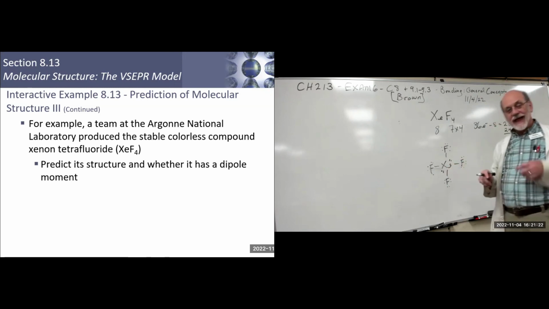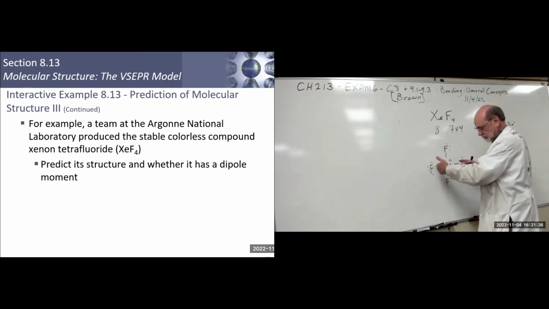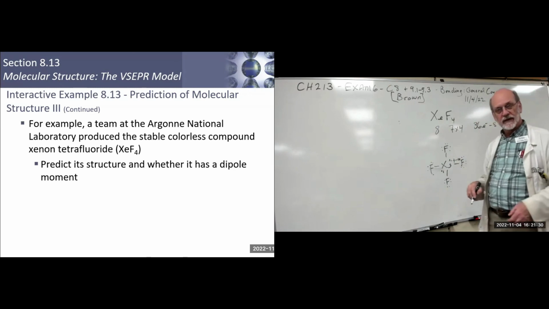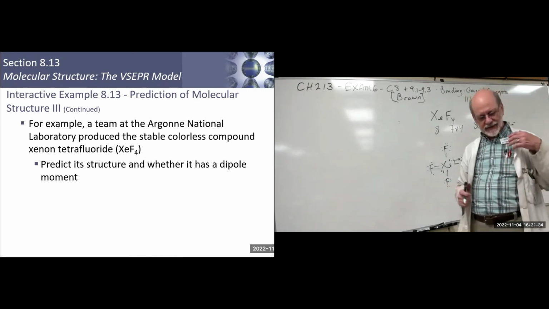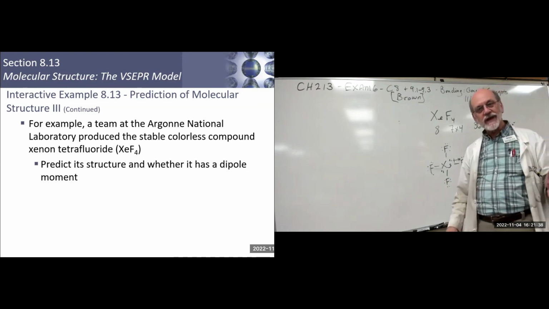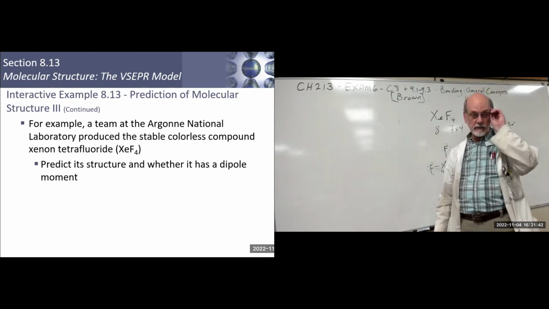Okay. Now, how about the geometry? We know that these bonds are going to be polar toward the fluorine, because fluorine is the most electronegative element in the periodic table.